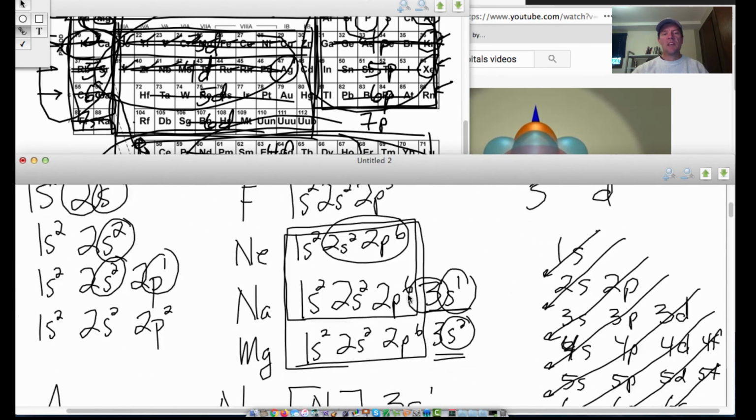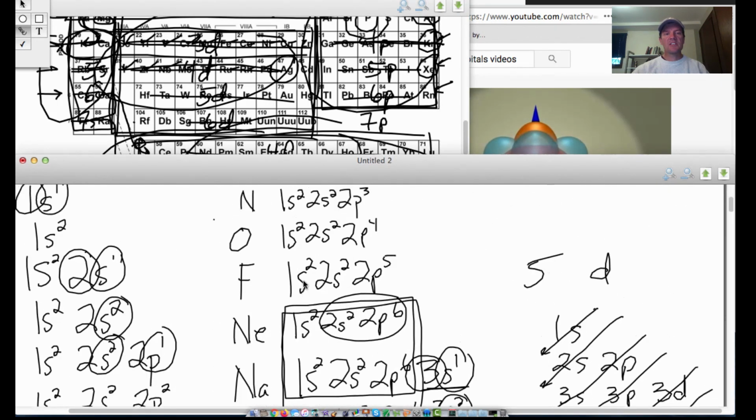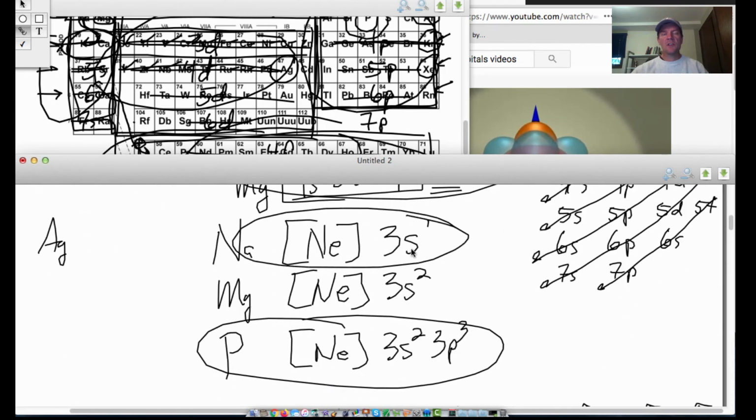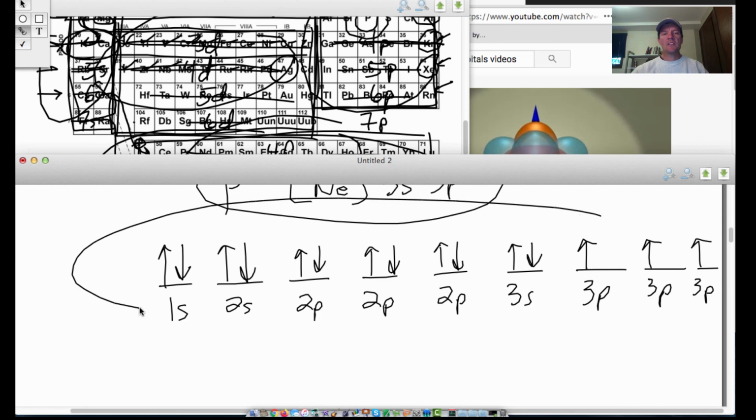You need to be able to write an electron configuration, either the long version or the abbreviated version, and you need to be able to recognize the orbital notation. Okay? So that is our quick review, a concise explanation, hopefully, of the arrangement of electrons.